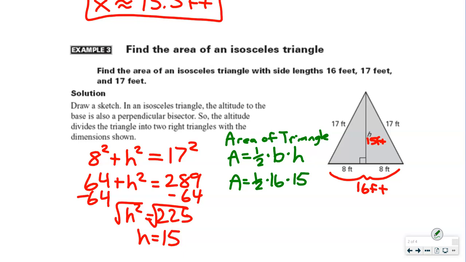So when we multiply this all together, 1/2 times 16 gives us 8. 8 times 15 gives us 120 feet squared. Remember, our unit of measure needs to be squared anytime we're finding the area. So our area is 120 feet squared.